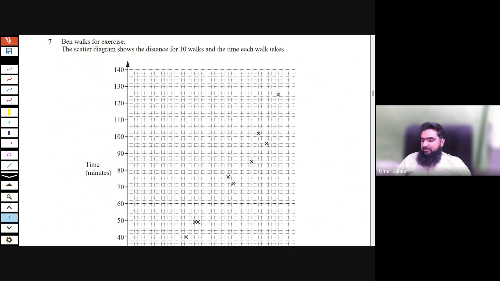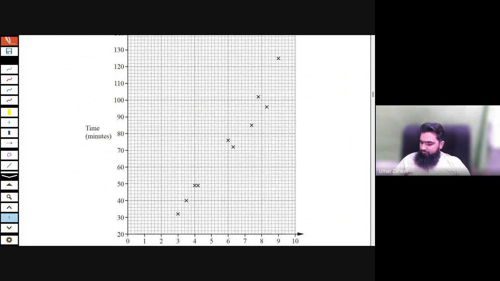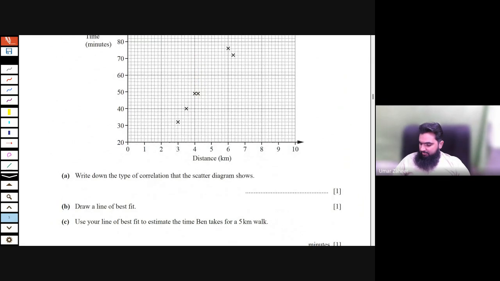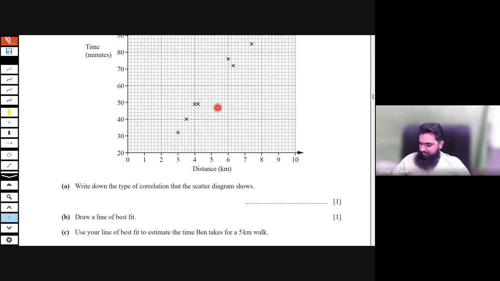All right. Bin walks for exercise. The scatter diagram shows the distance for 10 walks and the time of each walk is given here. Write down the type of correlation.